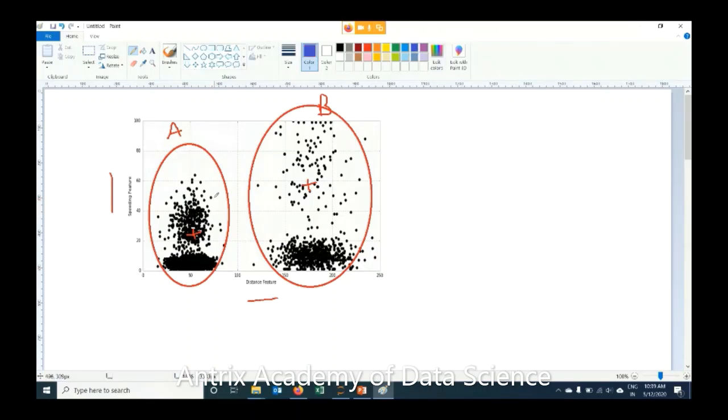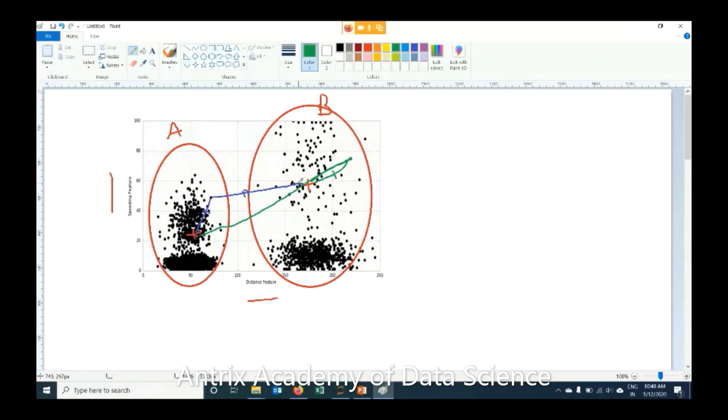If I get its distance to group A versus group B, the A distance would be lesser than the B distance, so this value would be associated with the first group, A. Similarly, this other value is nearer to this centroid. So it identifies the nearest distance and allocates the group accordingly.